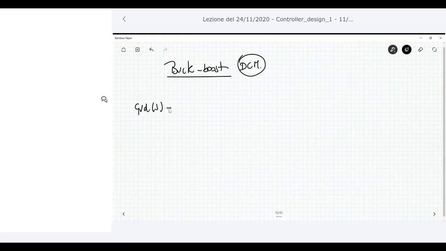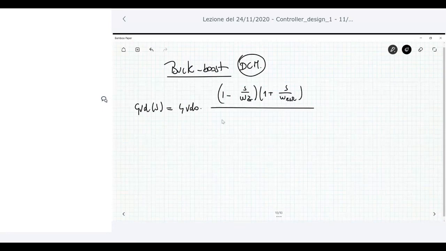So let me rewrite the expression of the control to output transfer function. Then we have 1 minus S over omega zeta, 1 plus S over omega ESR, and then we have again S squared over omega 0 squared plus S over Q omega 0 plus 1.